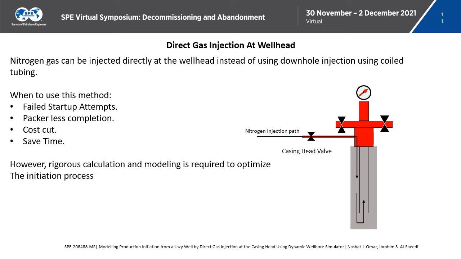This lifting method is perfect for failed attempts to start up a well before doing any coiled tubing procedures. And once it is applied successfully, it can save cost and time. However, it requires rigorous calculations and precise determination of the optimal injection rates.